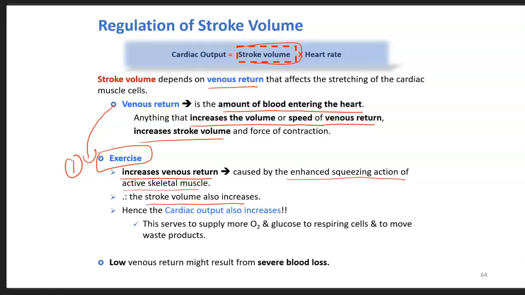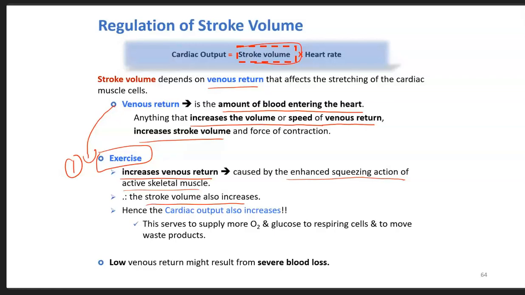So buat exercise, pergerakan banyak kan, skeletal muscle contract rapidly, so this will cause more blood to return to the heart, more blood enters into the ventricle, so therefore when the ventricle contracts, more blood will be pushed out of the heart, so more stroke volume lah, so stroke volume increases.